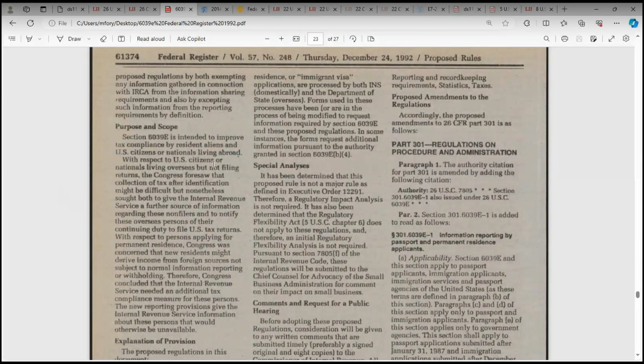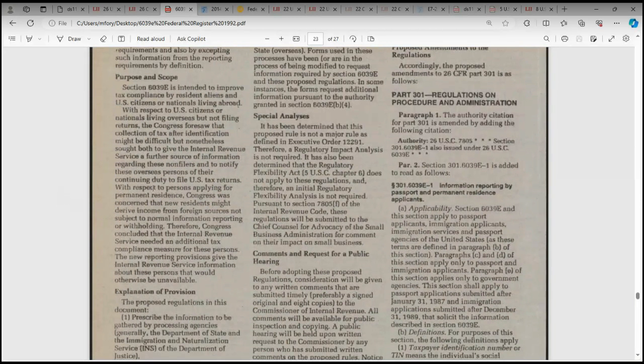With respect to U.S. citizens or nationals living overseas but not filing returns, the Congress foresaw that collection of tax after identification might be difficult, but nonetheless sought both to give the Internal Revenue Service a further source of information regarding these non-filers, and to notify these overseas persons of their continuing duty to file U.S. tax returns.